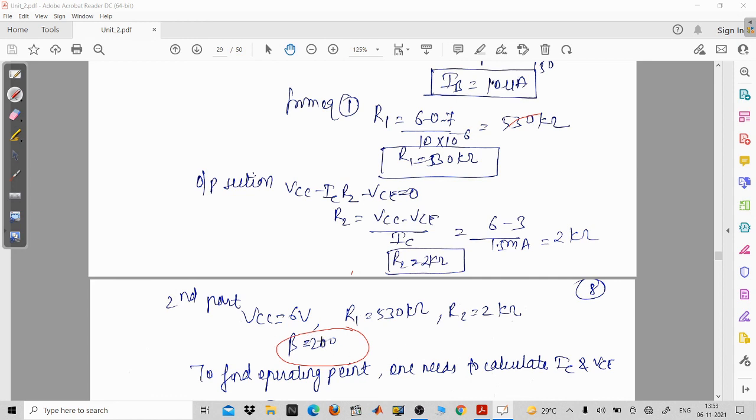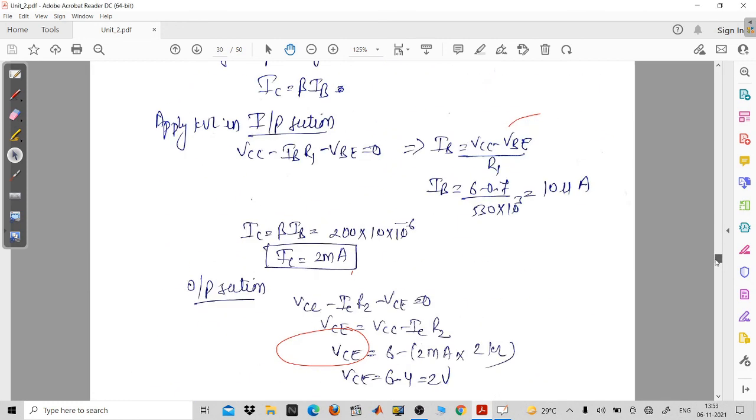Now for that beta equal to 200, you will have to find the IC and the VCE. Again, this is very simple. You just have to apply the KVL in the input port and the KVL in the output port, and that will solve your purpose. R1 we have just calculated from the first part, R2 is also calculated. So you can simply have the KVL in the input port, that is VCC minus IB R1 minus VBE.